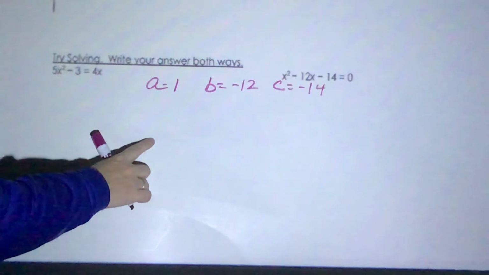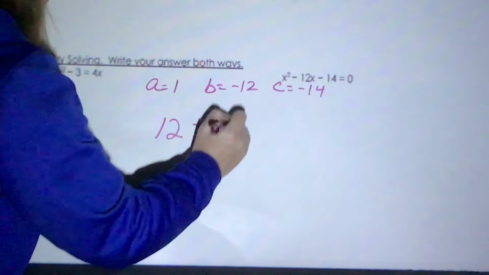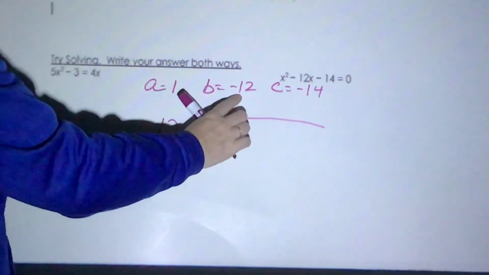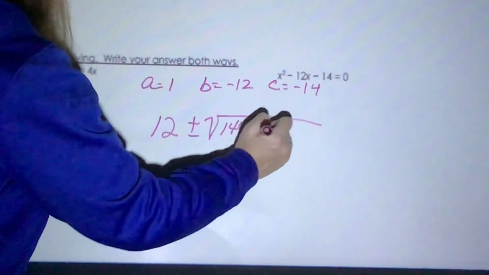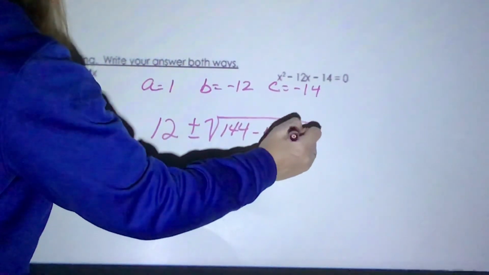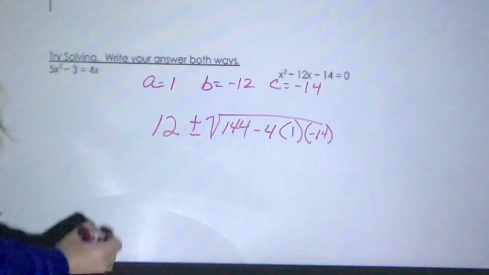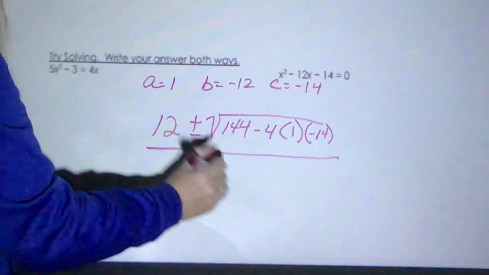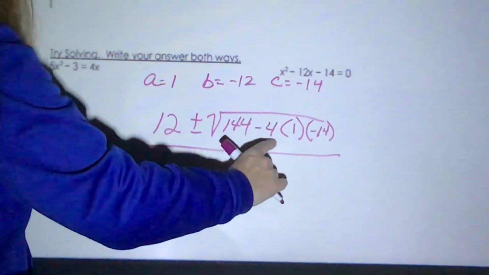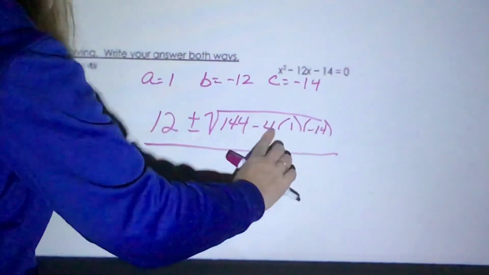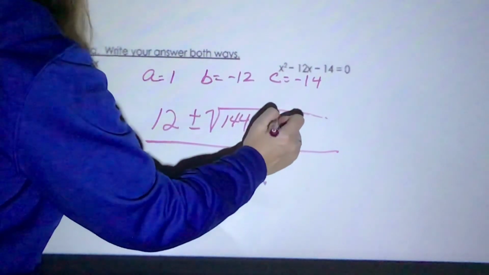So the quadratic formula is negative B, so that would be 12, plus or minus the square root of B squared, should be 144, minus 4 times A times C, all over 2A, and 2 times A would be 2. So now we have 144 minus 4 times negative 14, which would be negative 56.